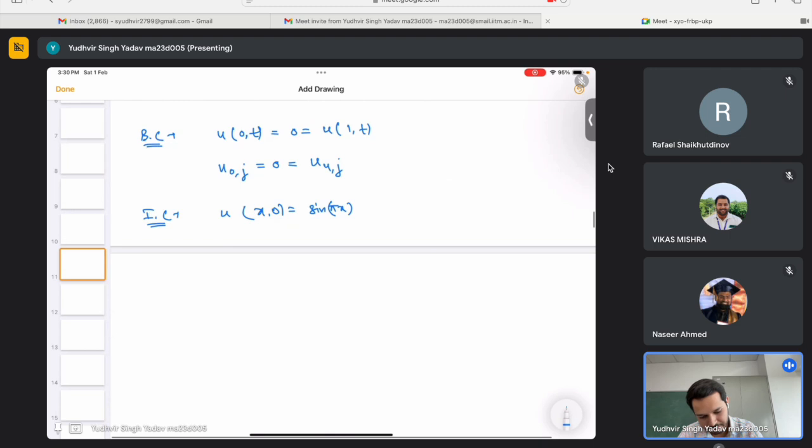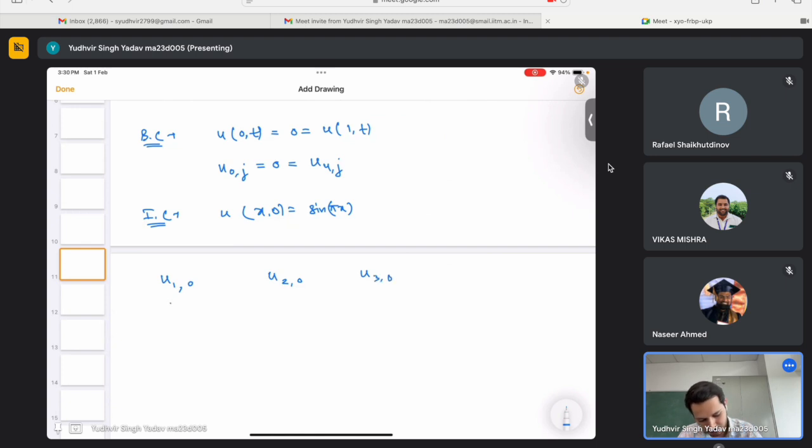So from this, we can find at every node the values u10, u20, and u30.